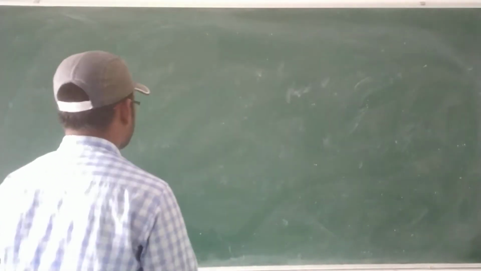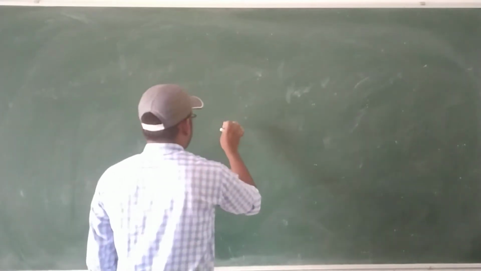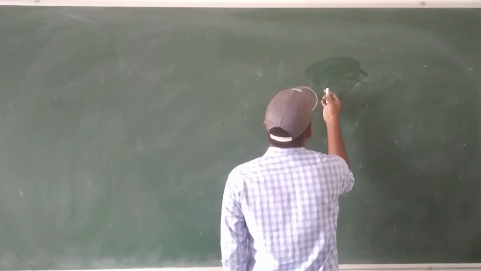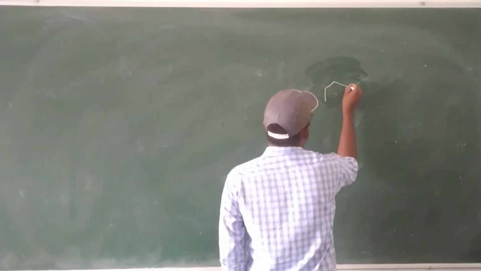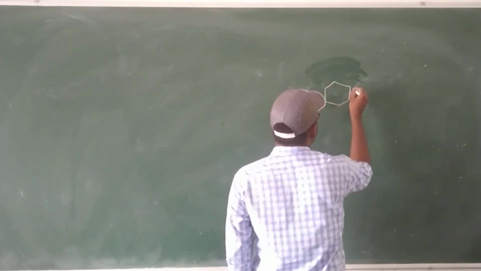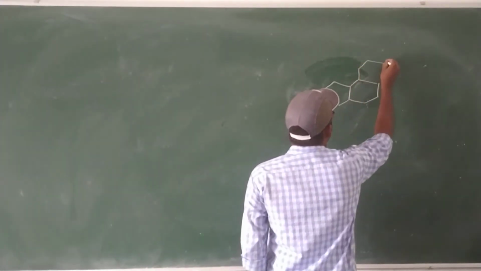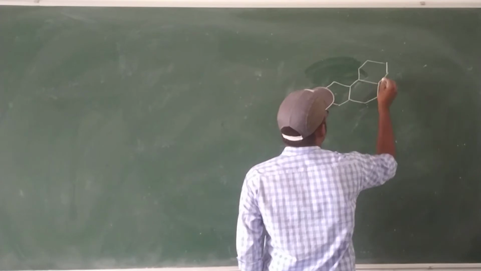First let us see the abietic acid structure. Abietic acid is a terpenoid. Terpenoids have 3 rings, so this looks like a phenanthrene.